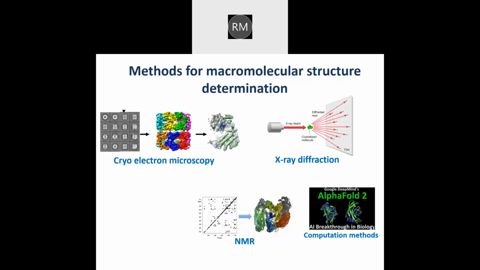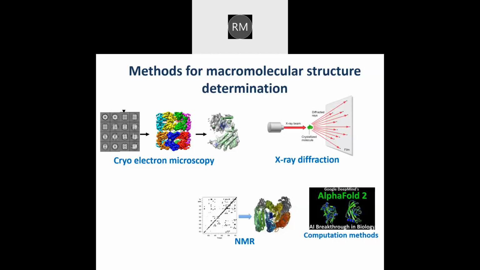So what are the different methods for structure determination? These are very popular. Nowadays, the method called cryoelectron microscopy is becoming a very powerful method where you prepare protein samples or protein complexes. It can be very big, as big as a whole virus.